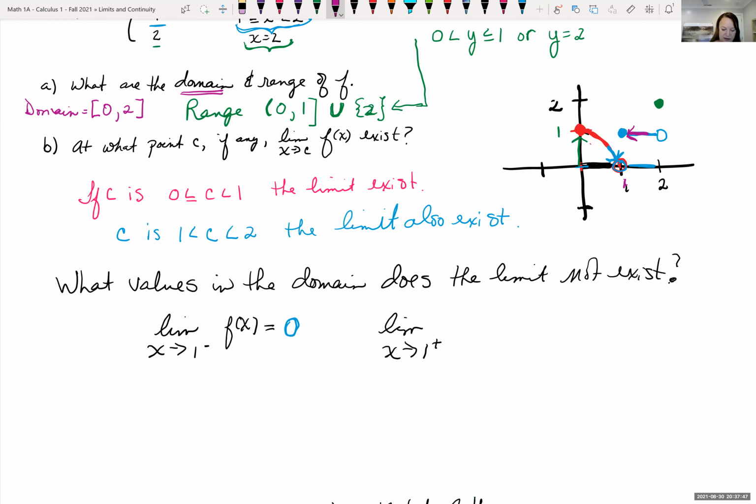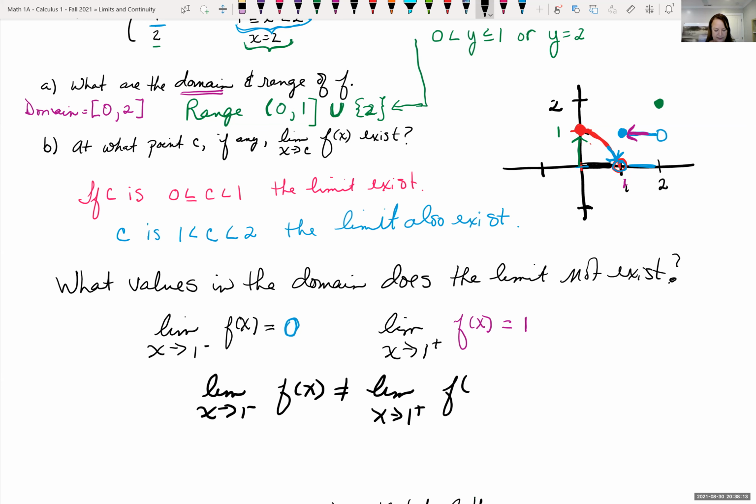And notice as I'm coming in, my y value is 1. And so right there, I can say that the limit as x approaches 1 on the left of f of x does not equal the limit as x approaches 1 on the right of f of x. So the limit doesn't exist when x equals 1.